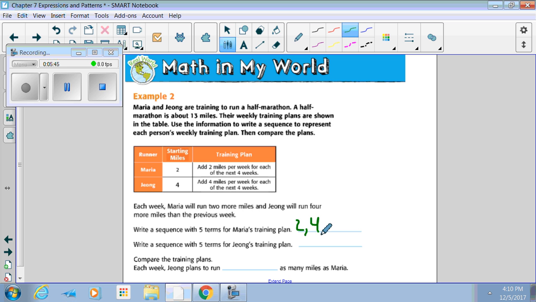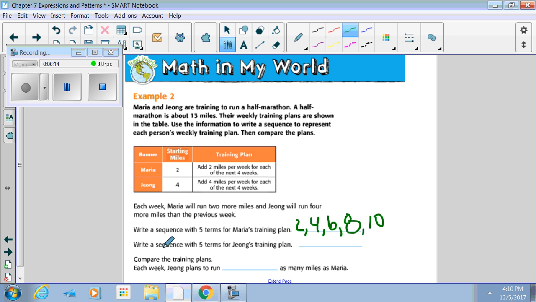Then she's adding 2 more miles. So 4 plus 2 is 6. And then 2 more miles, which is 8. And I see that my sentence here tells me to write 5 terms. I have 1, 2, 3, 4, so I need 1 more. Again, my rule is to add 2, so 8 plus 2 is 10.